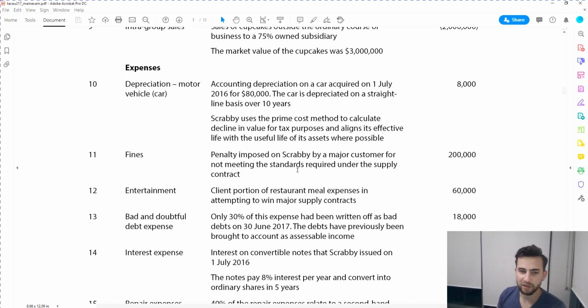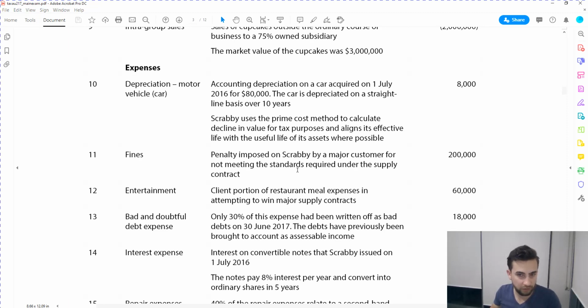So this is something that could very easily throw out people. It's a bit of an unfair question, really, because they've actually claimed it to be a fine. But actually, the correct way of approaching this is not to treat it as a fine, but to treat it as a cost of a contract. And in that sense, under Section 8-1, we know that any cost which is linked to your assessable income, so in this case the income is the contract income, and this is a cost linked to that.